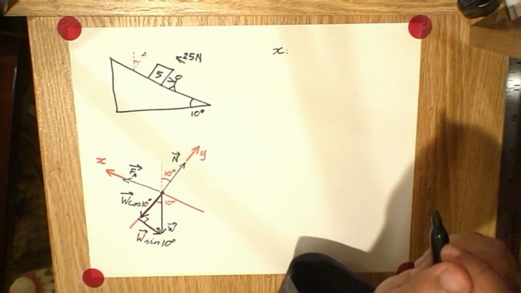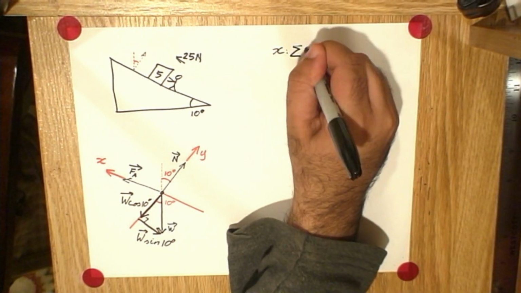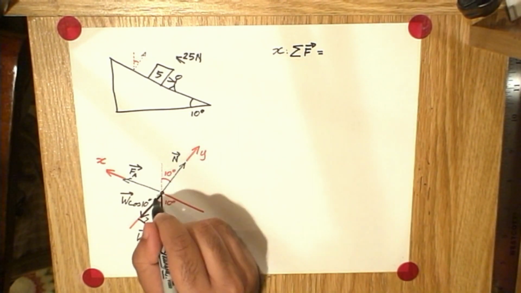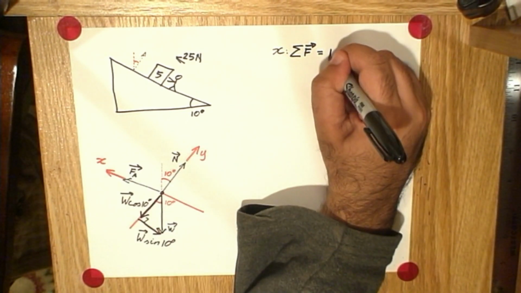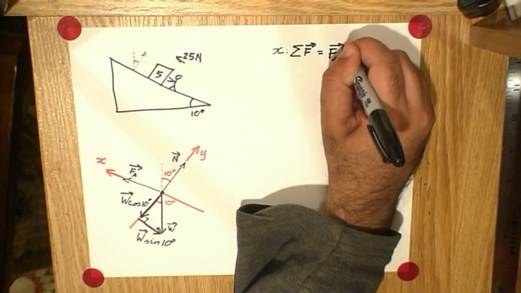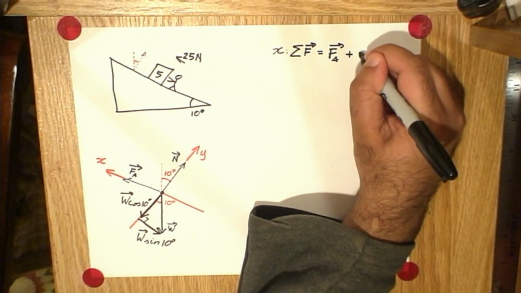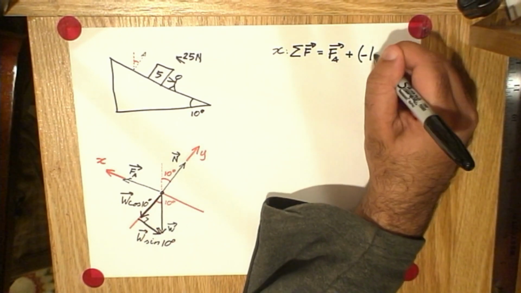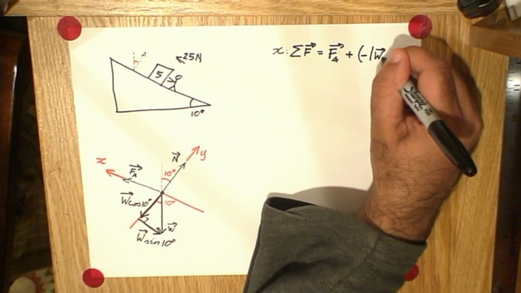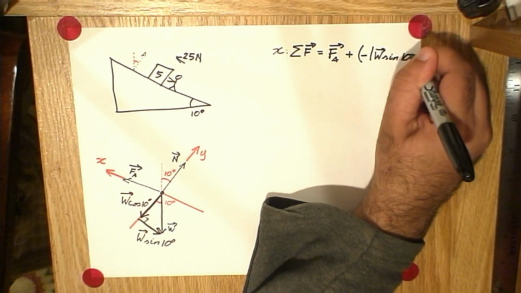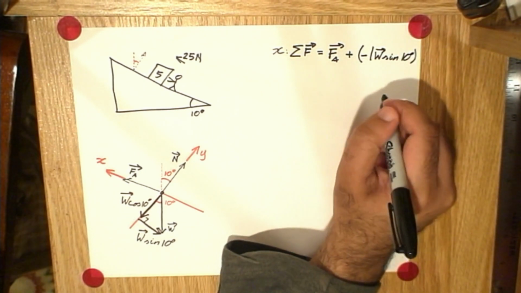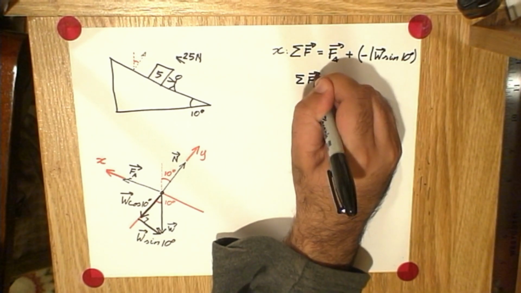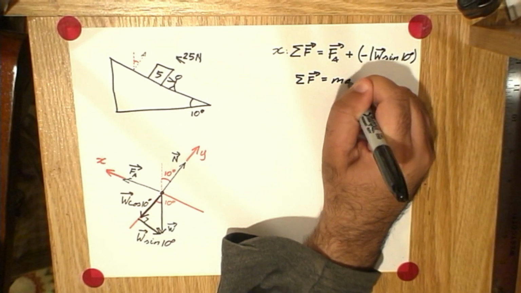we can say that the total force is given by the applied force, which is in the positive direction, plus the negative weight sine 10 degrees, which is going to tend to pull this downwards. But the total force is also equal to mass times acceleration.